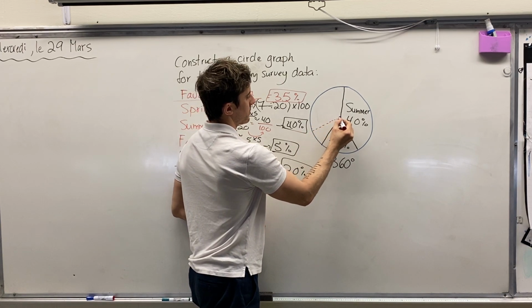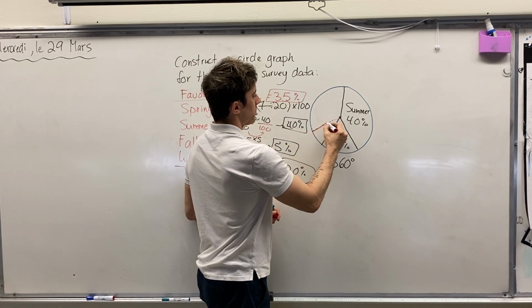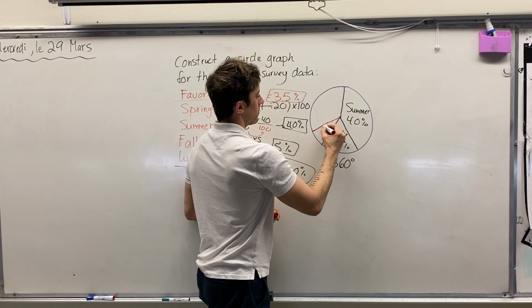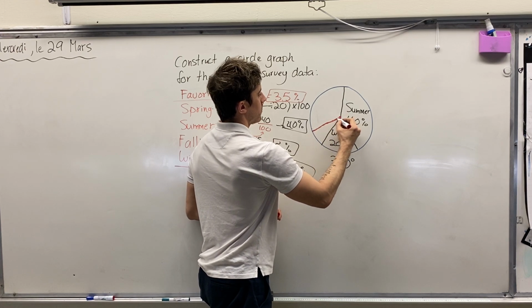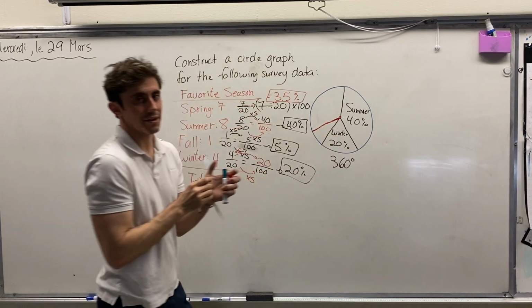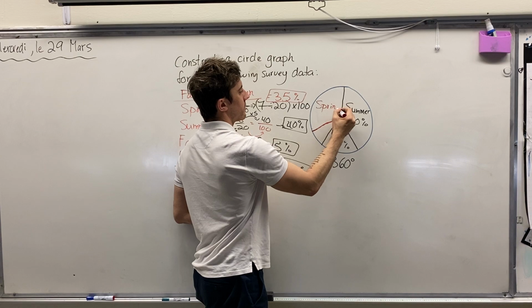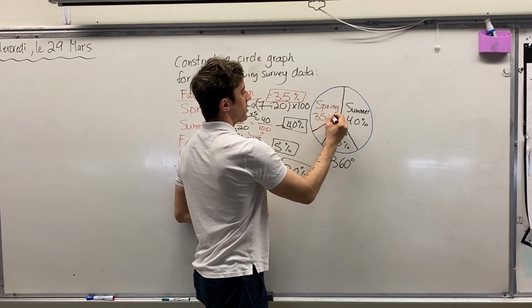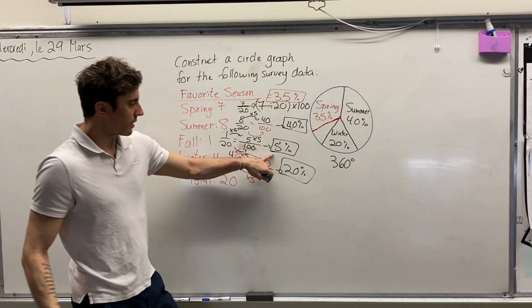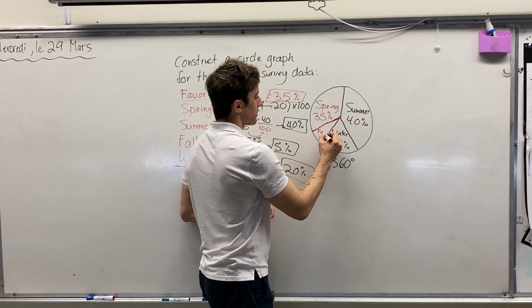Let's say something like this, okay? I'm gonna go with this line. Okay, a little bit of ballparking here. And so we'll have spring on top at 35%. And then finally we have fall coming in at the measly 5%, okay?